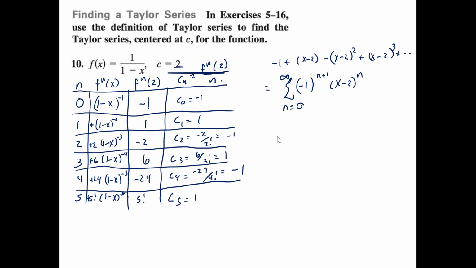And you can see that this is just a geometric series. And so then the first term is negative 1 over 1 minus the common ratio, but the common ratio is x minus 2. And so then this becomes negative 1 over 1 minus x.